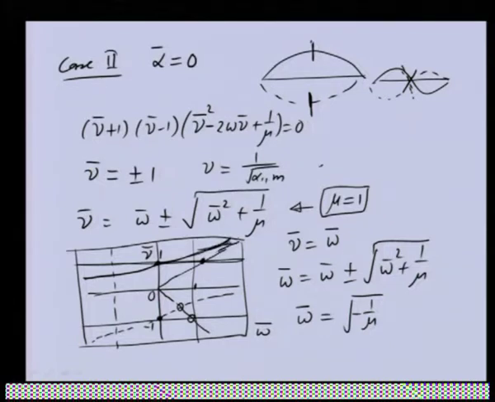Because it is coming imaginary, it will never intersect. So we will have 4 critical speeds: 1, 2, 3, and the 4th will not be a feasible one. This will be more clear once we plot the frequency for the general case.